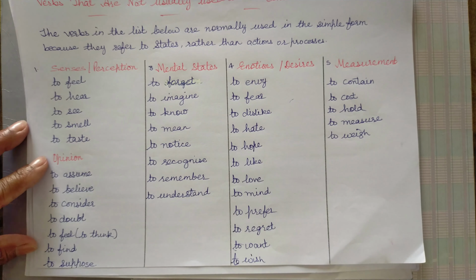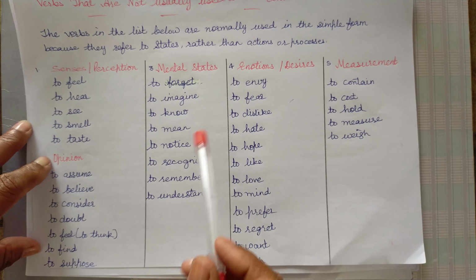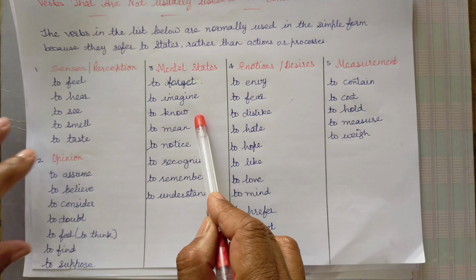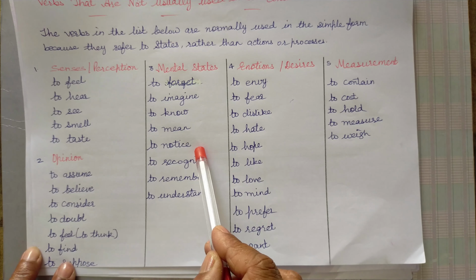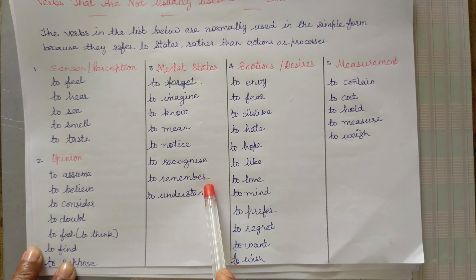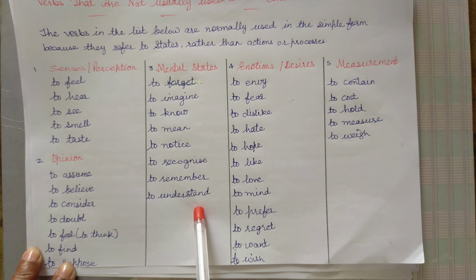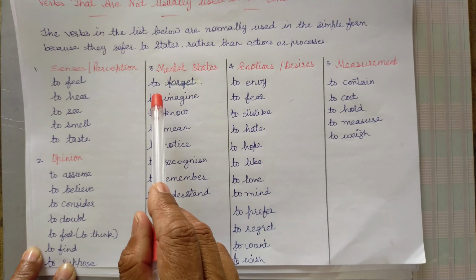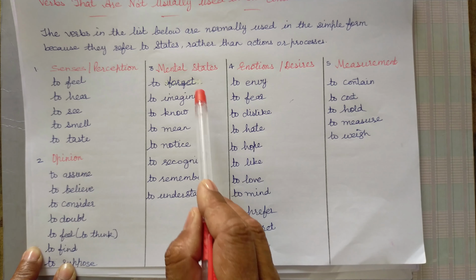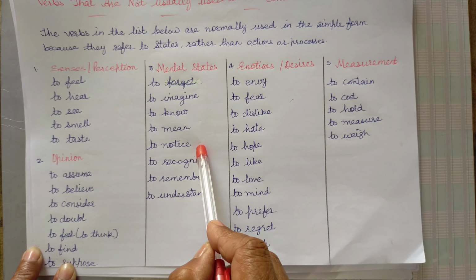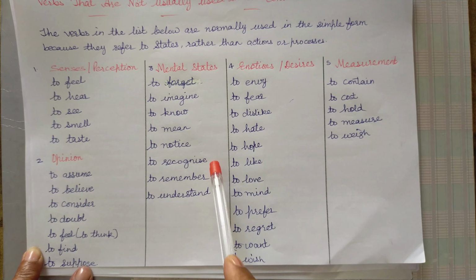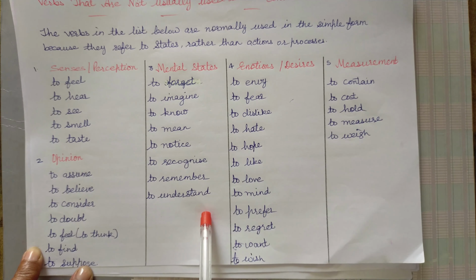Mental states: to forget, to imagine, to know, to mean, to notice, to recognize, to remember, to understand.